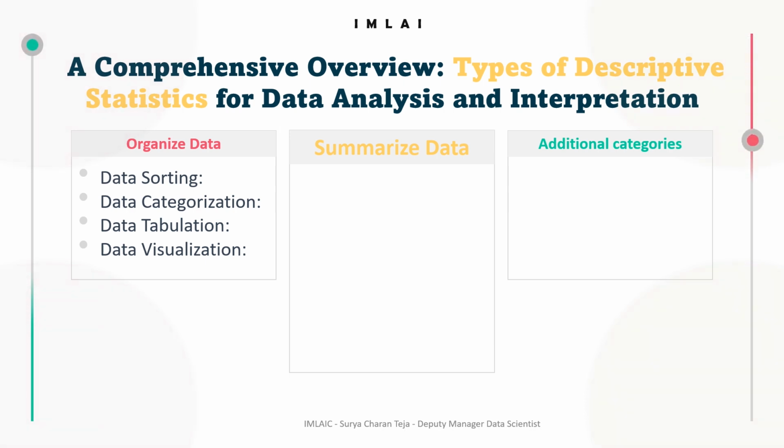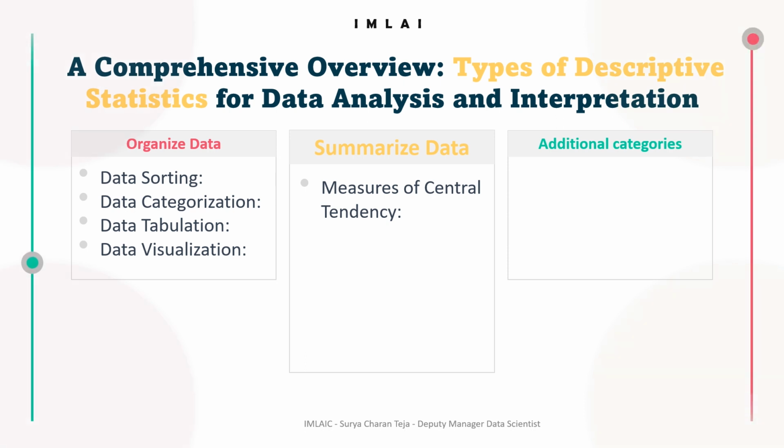So the next category is summarized data. In summarized data, we will begin with measures of central tendency. So measures of central tendency is calculating statistics that summarize the central tendency or typical value of a data set such as mean, median, and mode. Then we have measures of dispersion, calculating statistics that summarize the variability or spread of data.